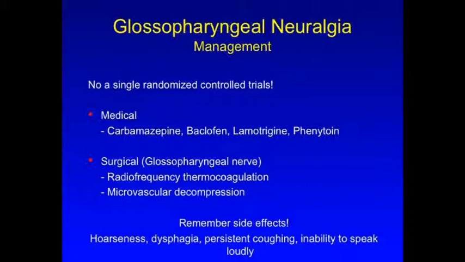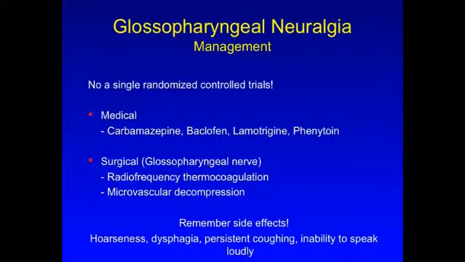Now, the treatment is almost the same as for trigeminal neuralgia, which involves carbamazepine, baclofen, lamotrigine, phenytoin. Any channel modulators, any anticonvulsants can be helpful here. Surgical options: you can do radiofrequency thermocoagulation, or microvascular decompression if you get an MRI and have a neurosurgeon look at the images.